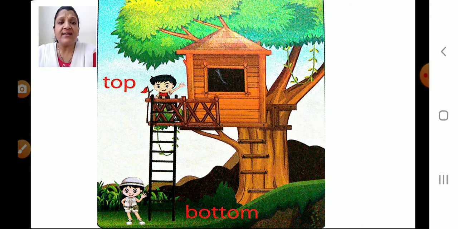And where is the girl? She has not yet climbed the ladder. So where is she? She is at the bottom of the ladder. Where is the boy? Boy is on the top of the ladder and the girl is at the bottom of the ladder.